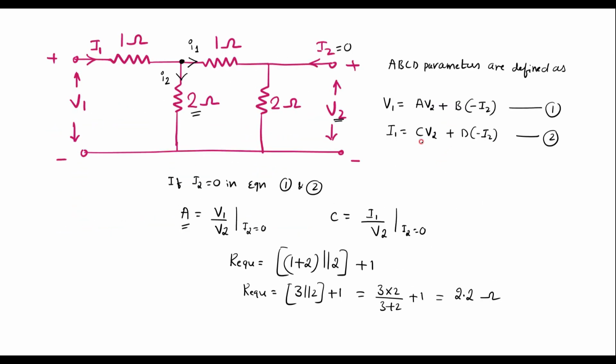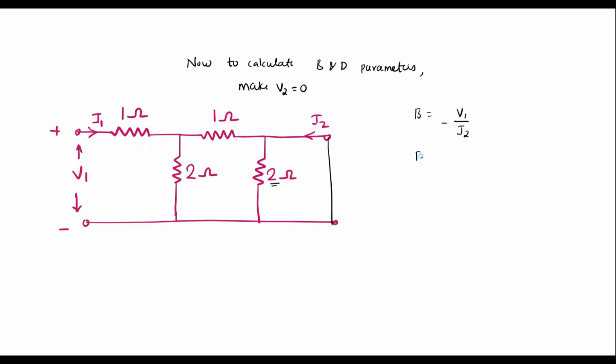And we have D is equal to I1 divided by minus I2. So I can write V1 will be equal to, now again here I will find the equivalent resistance. R equivalent is equal to, these two are in parallel, that is 2 into 1 divided by 2 plus 1. This combination is in series with this.